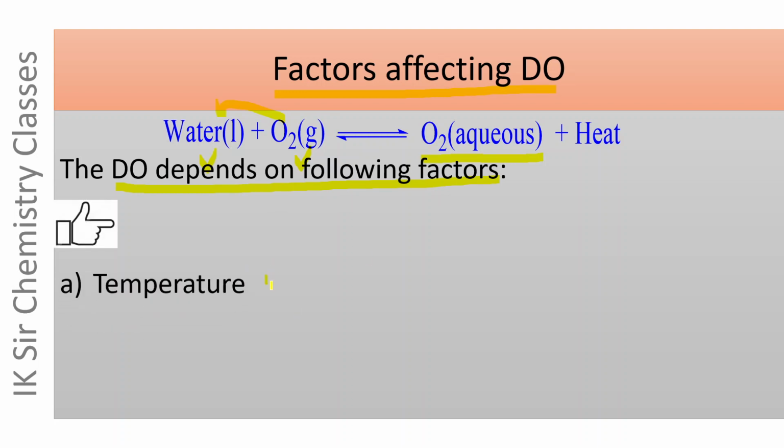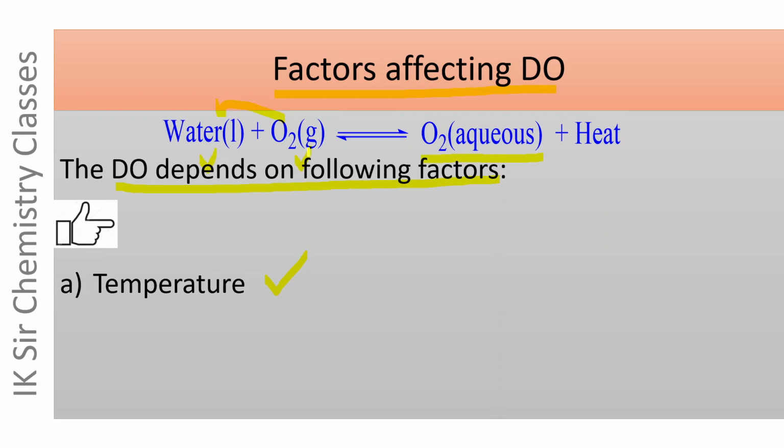First one is temperature. If temperature is increased on this equilibrium, the equilibrium will shift in that direction which leads to absorption of heat, that is decrease in temperature.